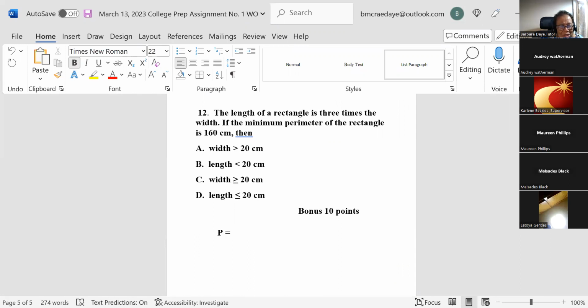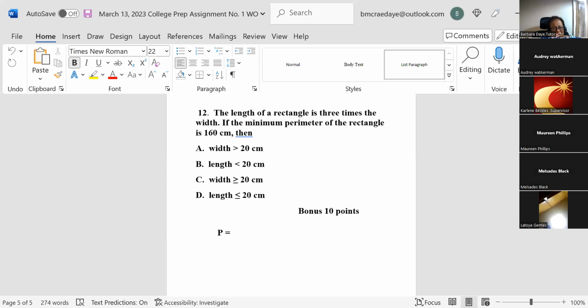It says that the length of the rectangle is 3 times the width. Right? So I said that a rectangle has 2 widths, right? So if I add the 2 widths, no, I divide the 160 by 4, sorry, and I get 40.